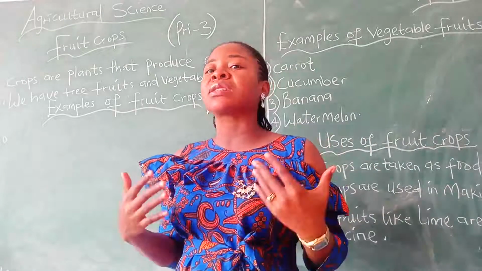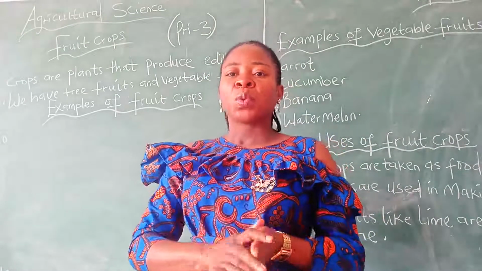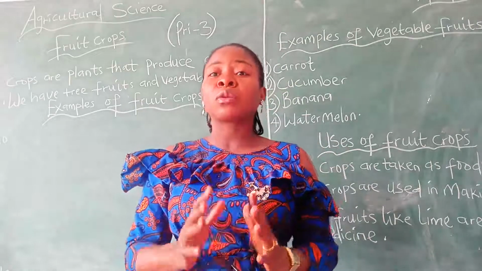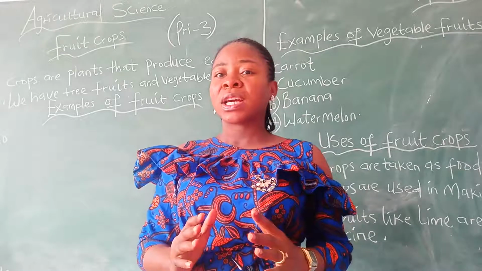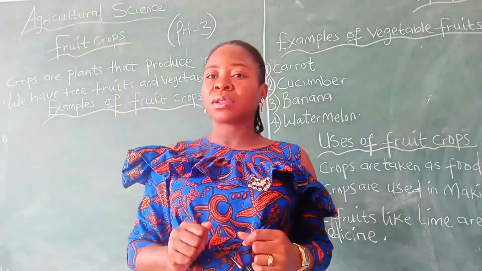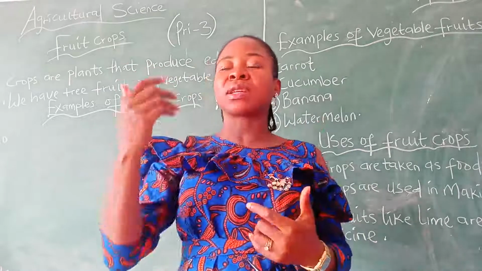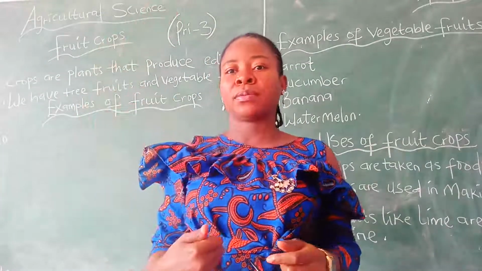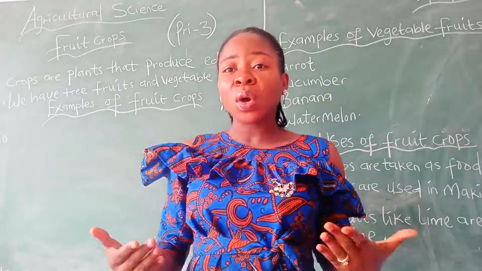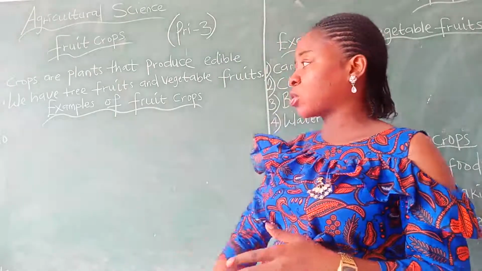Tree fruits are fruits that grow on the tree. They are fruits that you can pluck on the tree. Before you get them, you will either climb the tree or you use something to pluck it from up. Like your mangoes.